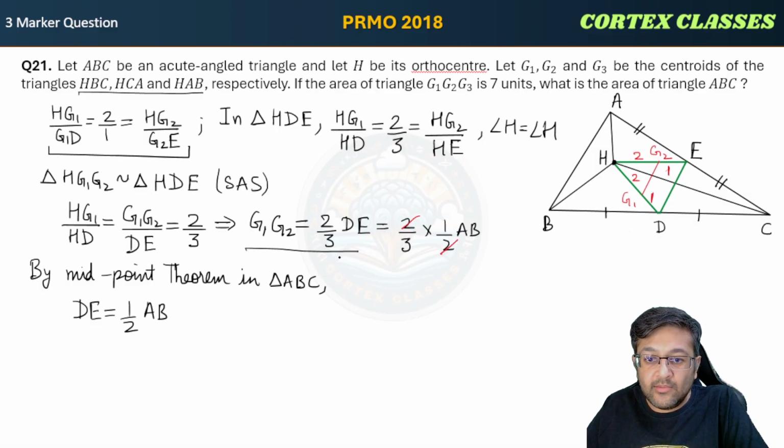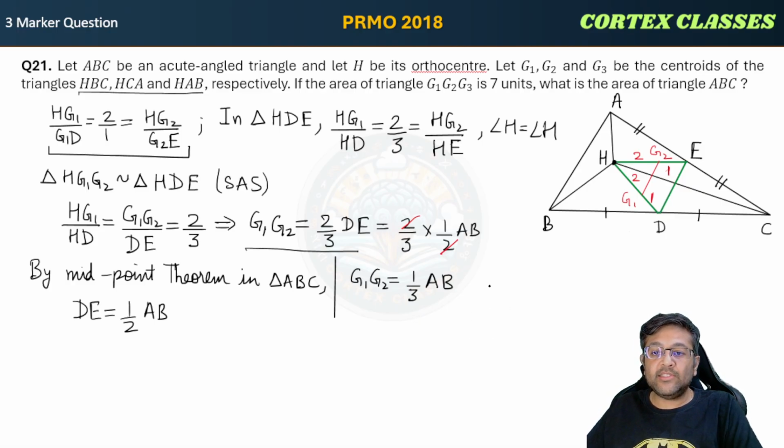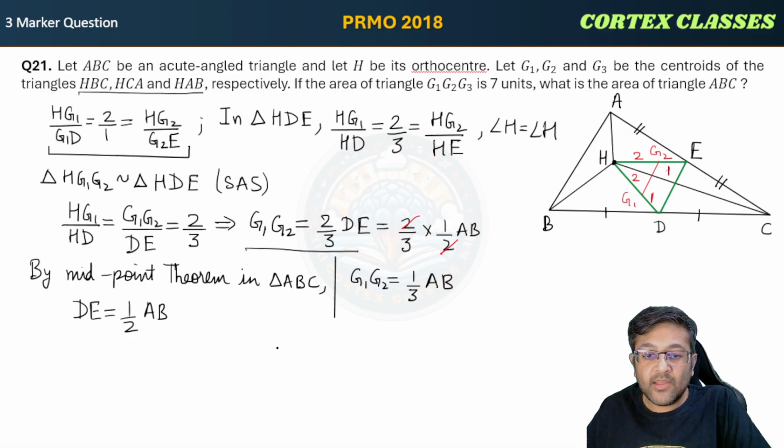So we get the relation. So we are getting the relation that G1, G2 is 1/3 of AB, right? G1, G2 is 1/3 of AB. So guys, very similarly, you can do this.